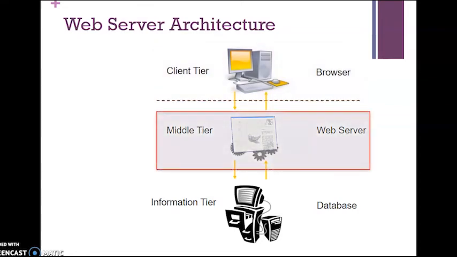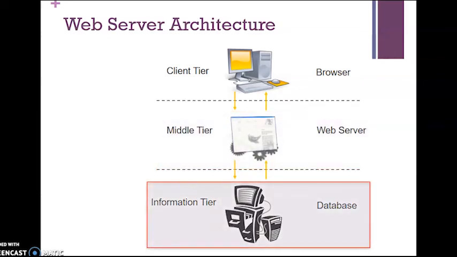The middle tier is the tier where the web server is located, and it is mainly used to service the client requests. Not only does this tier execute the script, but the middle tier also executes other web services such as proxy server, load balancing, and so on. Now the lower tier, which is the information tier, is the tier that consists of the database system.